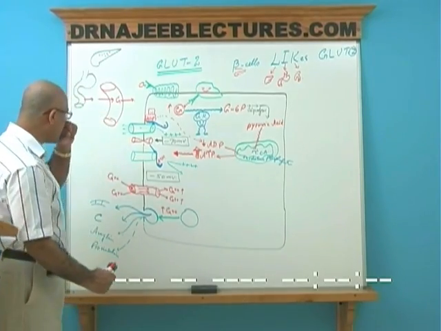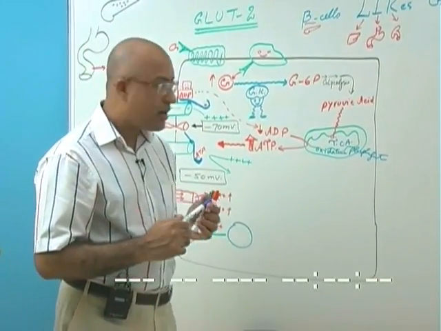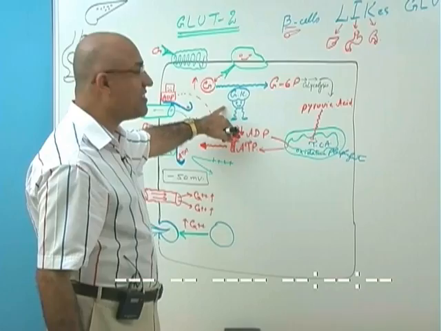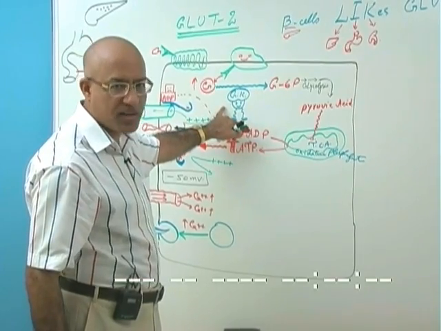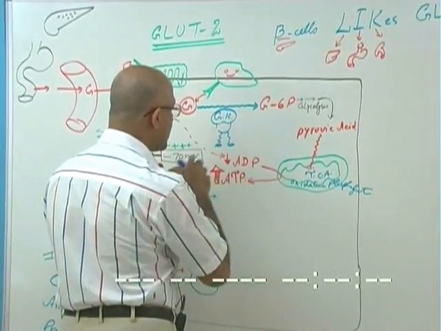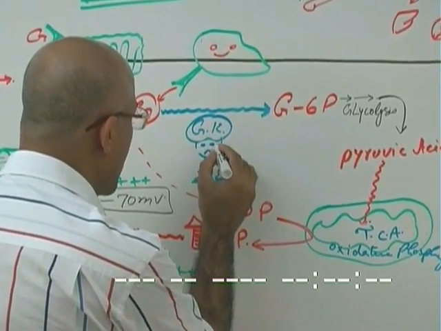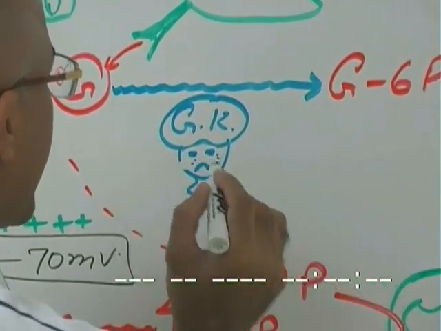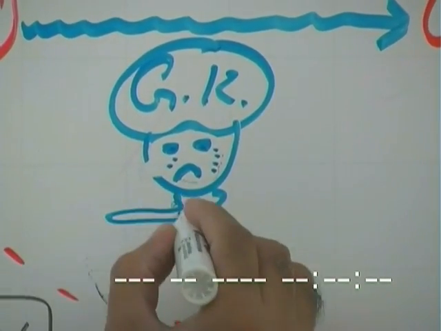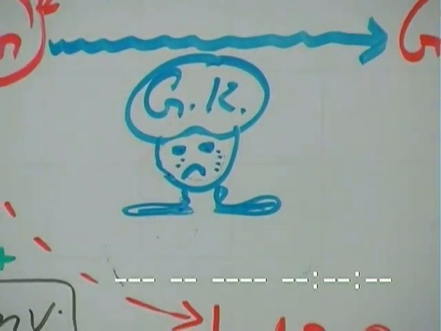For example, number one, in some people, this glucokinase enzyme is mutant. If glucokinase enzyme is mutant, you can see it, it is very sad, it is not functioning well, right? It's weeping and it is sitting here in a very sad fashion.